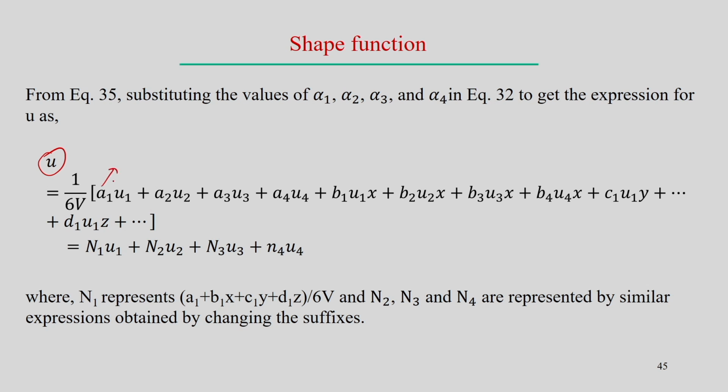So, I can say A1 also in the form of an expression in terms of the coordinates, u1, similarly A2 u2, A3 u3 like that. We can see B1 u1 x and B2 u2 x.